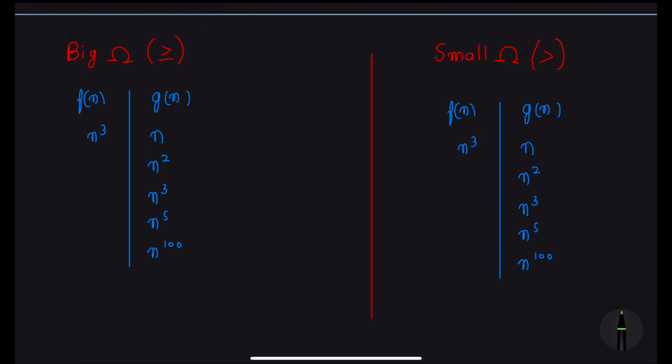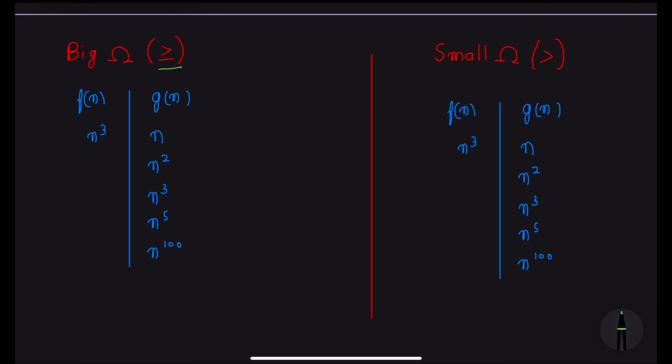Now let's see big omega and small omega. Big omega we have already seen, it is the same omega. Two functions are said to be omega if f(n) is greater than or equal to c times g(n). So here it is greater than or equal to. Let's check with the help of some examples.